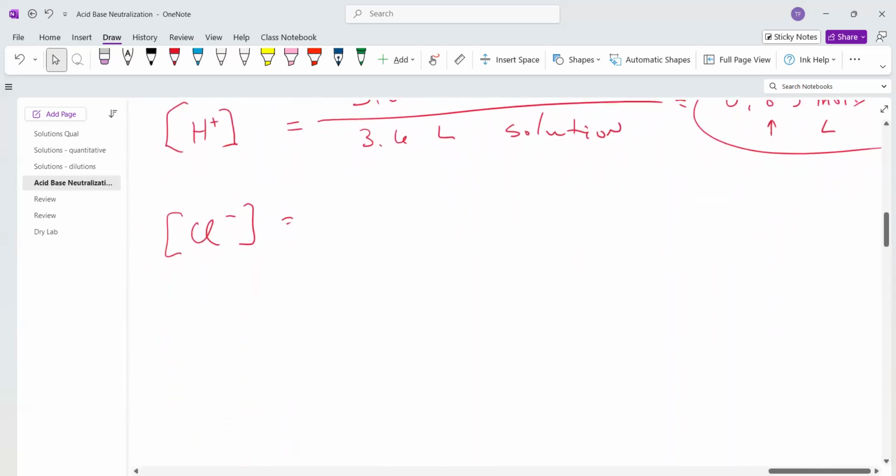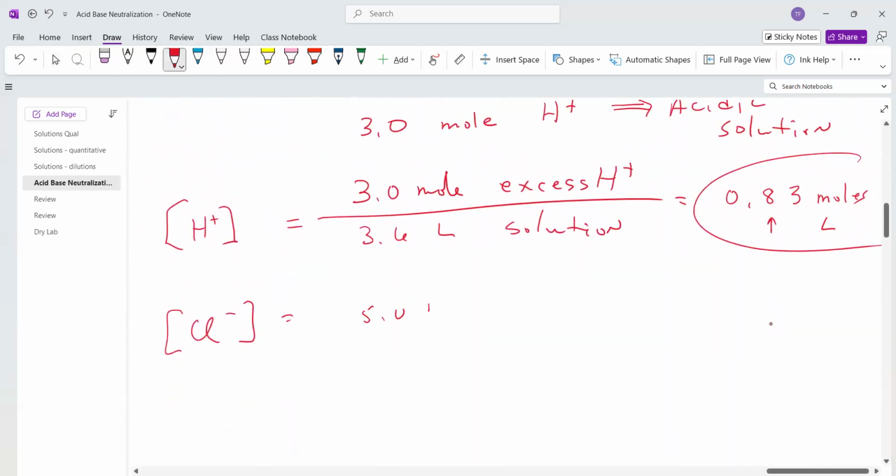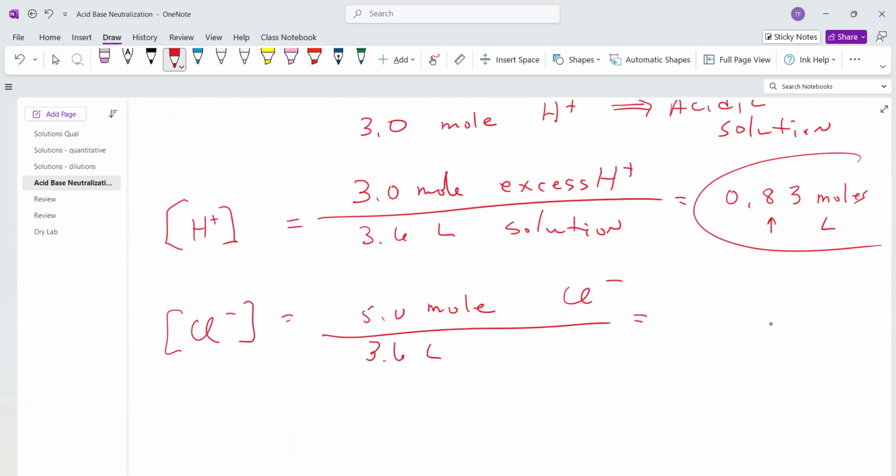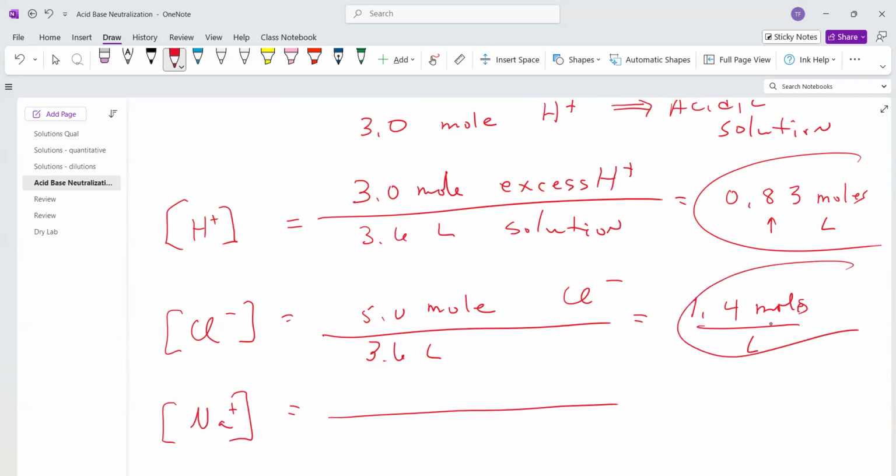And that's the only source of chloride. That gives us 1.4 moles per liter. Concentration of Cl in solution.